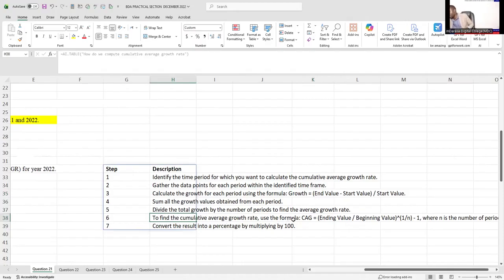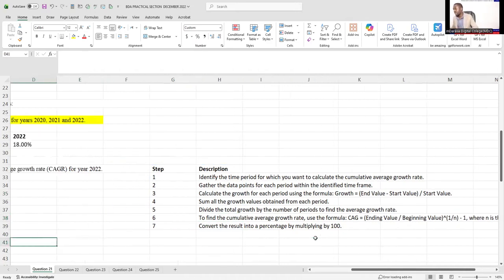Use the formula: ending value, beginning value, raised to power. It is already guiding us on how to go about it.